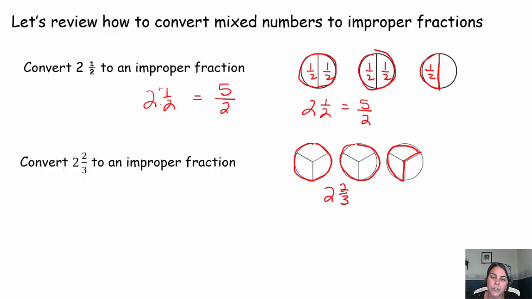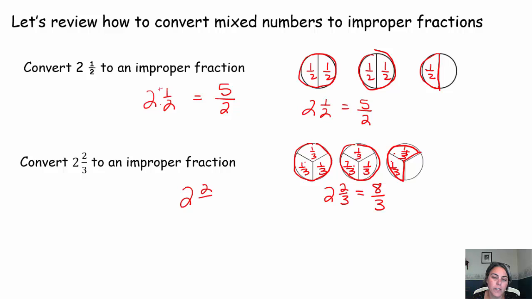Well, how many thirds do we have? How many thirds is this? Let's take a look. 1, 2, 3, 4, 5, 6, 7, 8. So 2 and 2/3 must be 8 thirds from the picture.